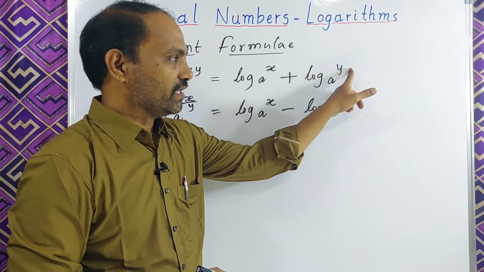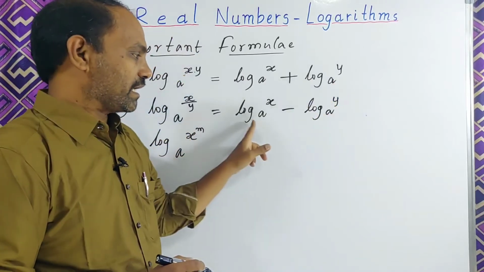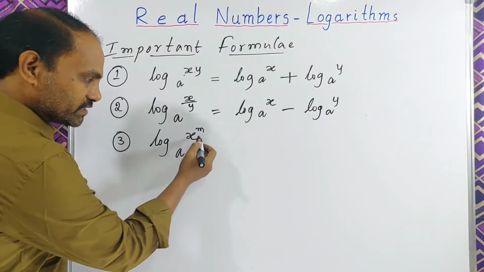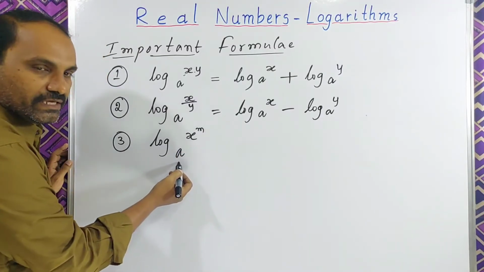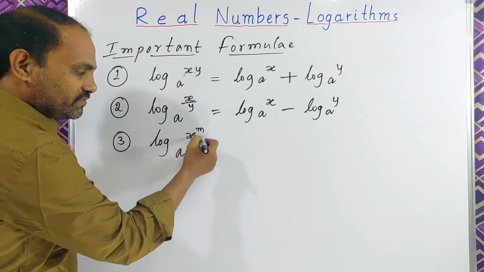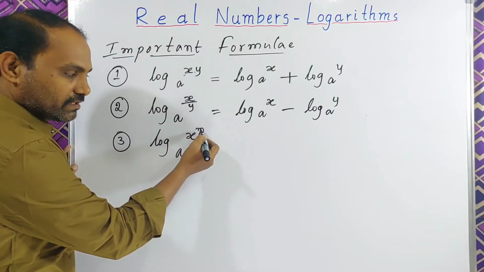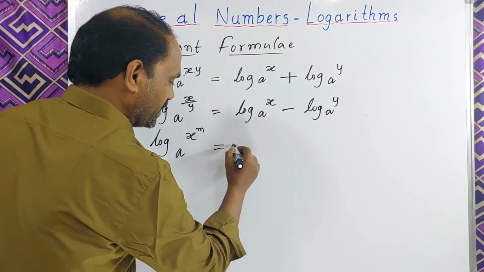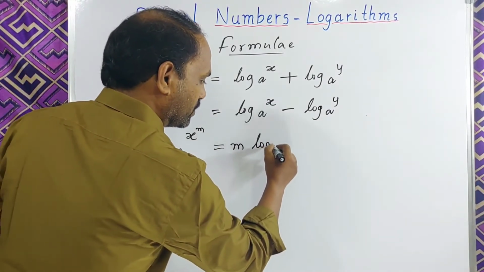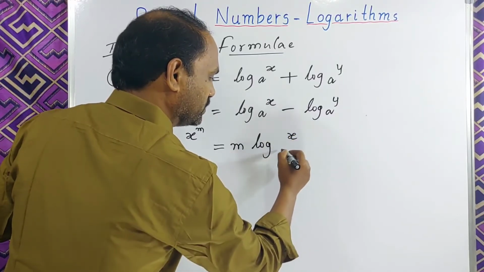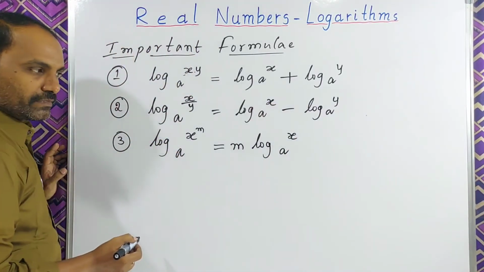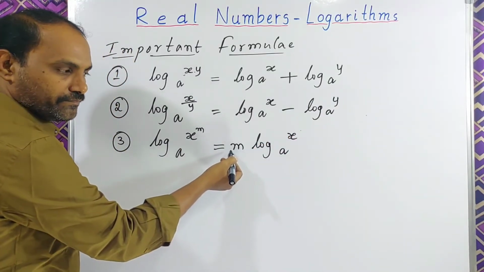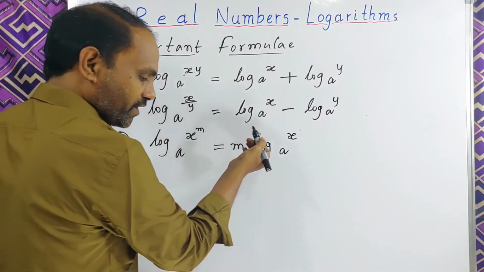Is it understood? Now here also log x power m to the base a. This value has an exponent, that's why this exponent you should write forward only. So m log x to the base a, you should write. Now this exponent you should write here. This one is the third formula.